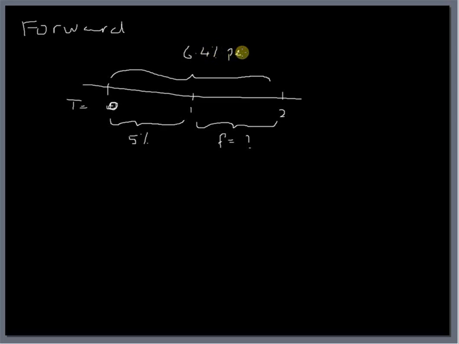Remember, when we talk about interest rate, we should always quote them on a per annum basis. So 6.4%, 2 years, what is the effective rate? It should be 1.064 squared. Okay, so our challenge now is to find out what is F.